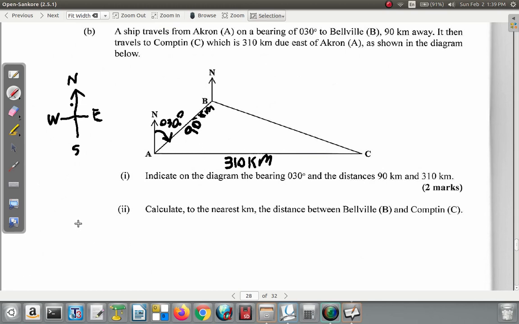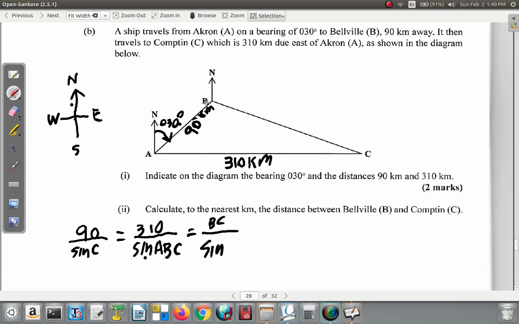What the sine rule says is that any side, such as AB, which is 90, divided by the sine of the angle opposite to it, sine C, is equal to this side, which is 310 kilometers, divided by the sine of the angle opposite to it, that would be sine ABC, is equal to the side BC over the sine of the angle opposite to it, which is BAC.